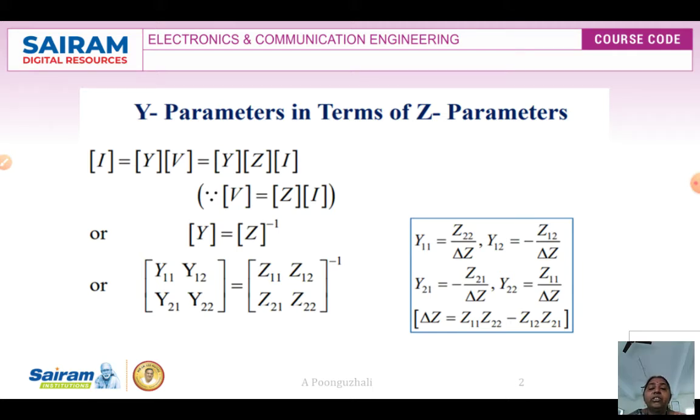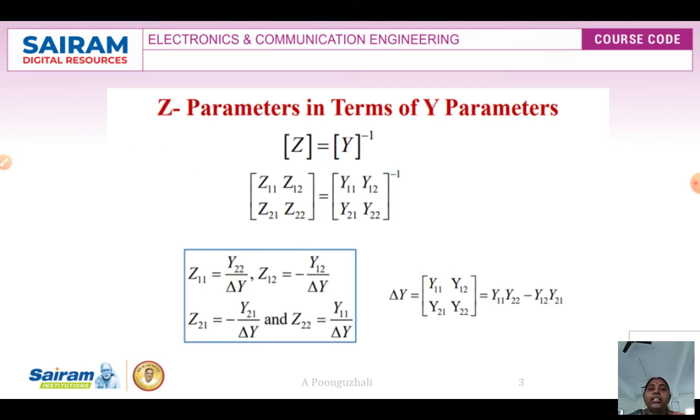If I solve the inverse of that matrix, I will get Y11 is equal to Z22 by del Z, Y12 is equal to minus Z12 by del Z, Y21 is equal to minus Z21 by del Z, and Y22 is equal to Z11 by del Z. Here del Z is the determinant of the matrix, Z11 Z22 minus Z12 Z21. So now your Y parameters are in terms of your Z parameters.